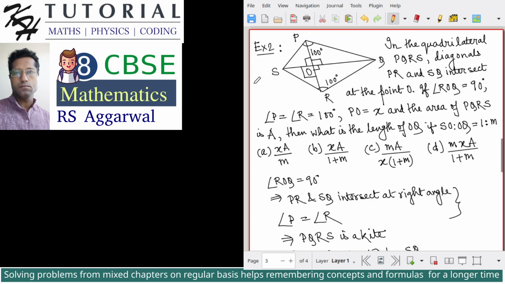So since PQRS is a kite and the diagonal PR is bisected by the diagonal SQ, the area of triangle PSQ will be equal to the area of triangle SRQ, since the diagonal SQ, which is not bisected, divides the kite into two congruent triangles.